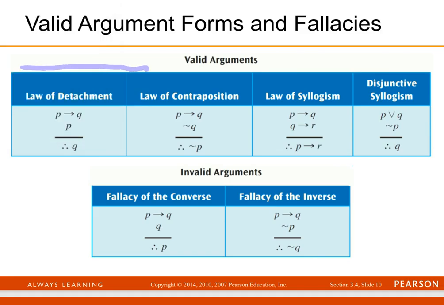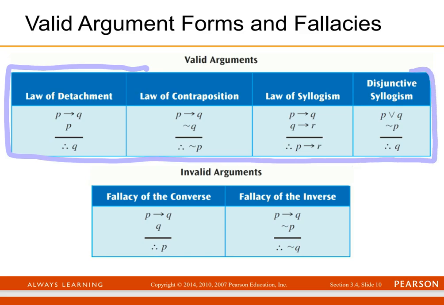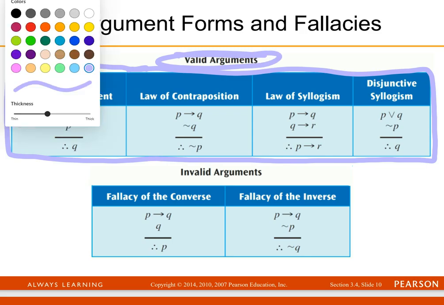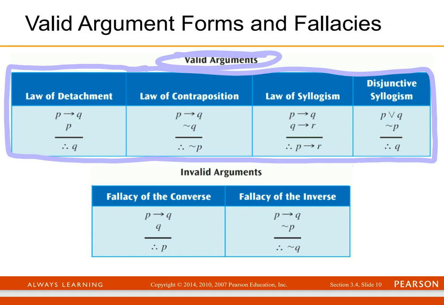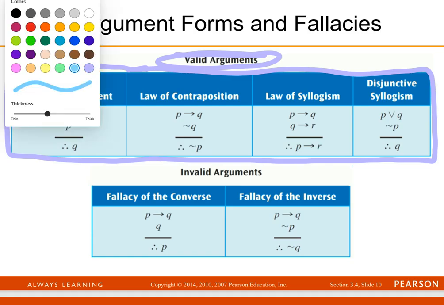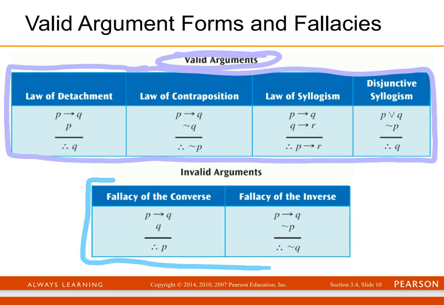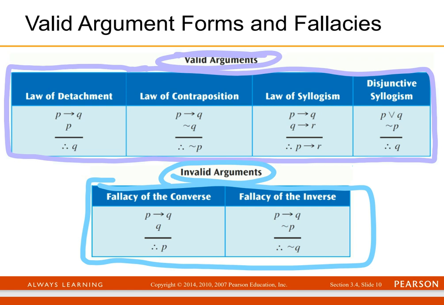Okay, so in my handout, these are the 4 purple ones, which are all valid. And then these, blue, there we go. These are the 2 blue ones, which are the invalid arguments.